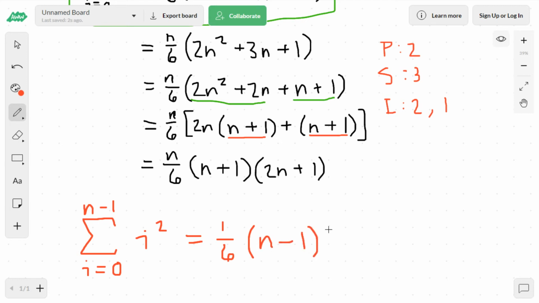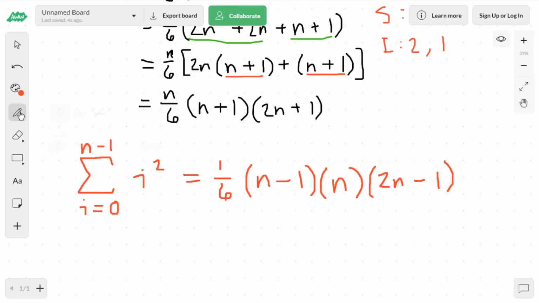Instead of n plus 1, well, n minus 1 plus 1, we get n. And then over here, we're going to have 2 times n minus 1. So that's going to be 2n minus 2 plus 1, so 2n minus 1. And we could equivalently express that as n divided by 6, putting them together in the fraction like we had before, times n minus 1 times 2n minus 1.